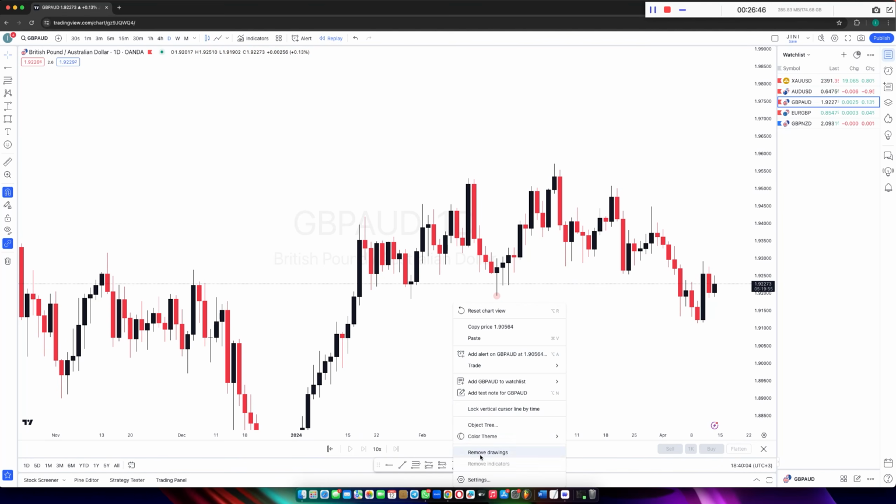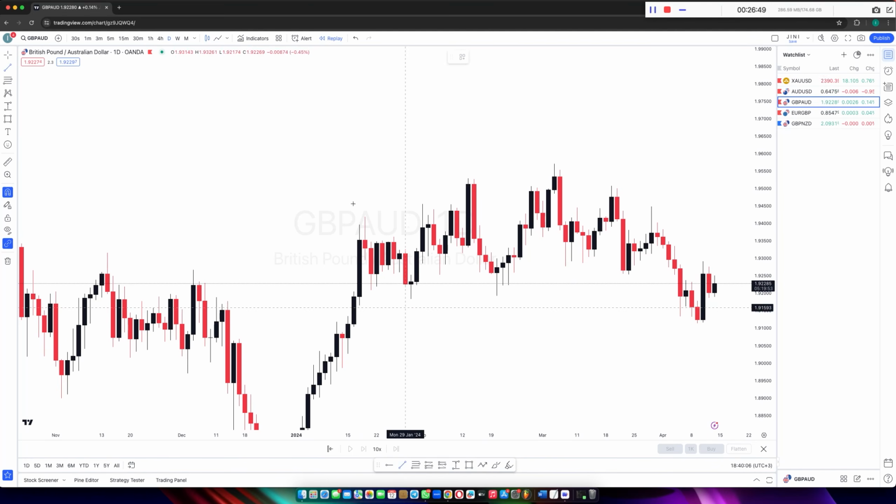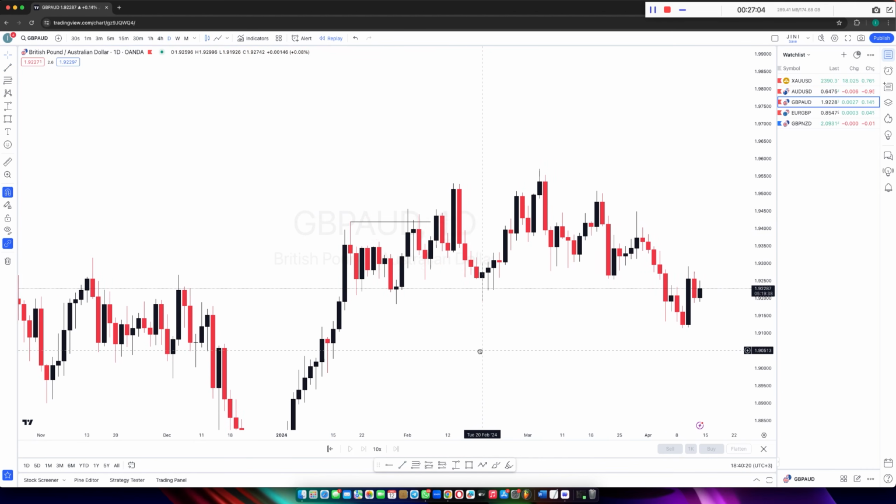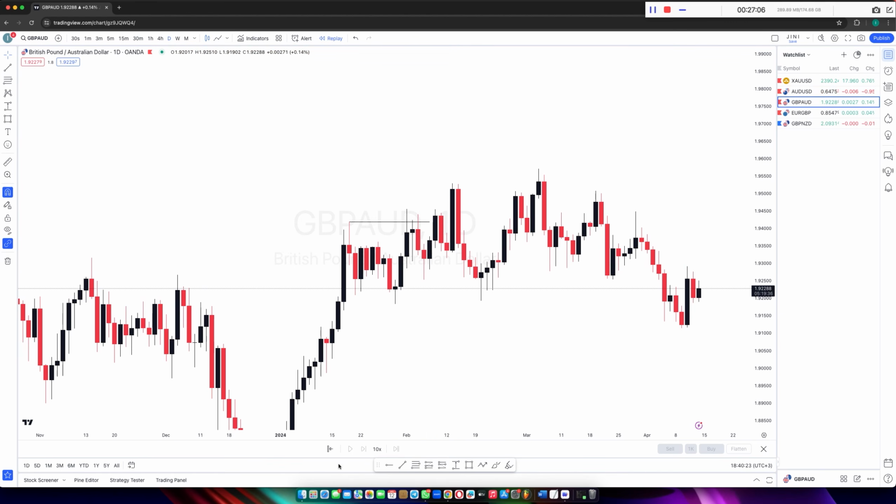We had this change, break of market structure at this point here, and after this, we have the break of market structure at this point here, and after that we had this formation inside the formation.